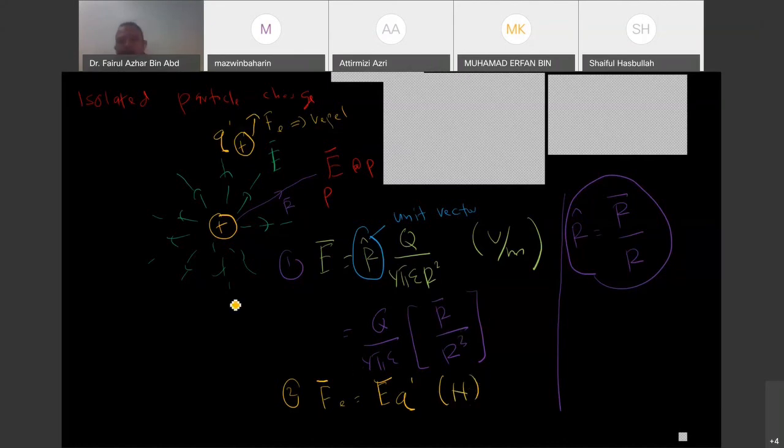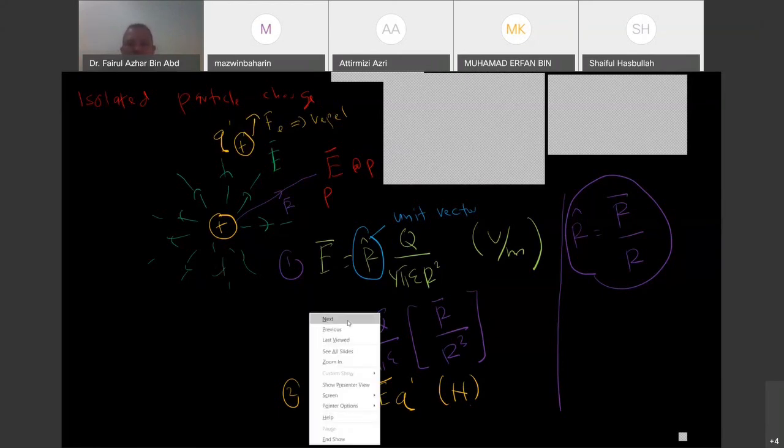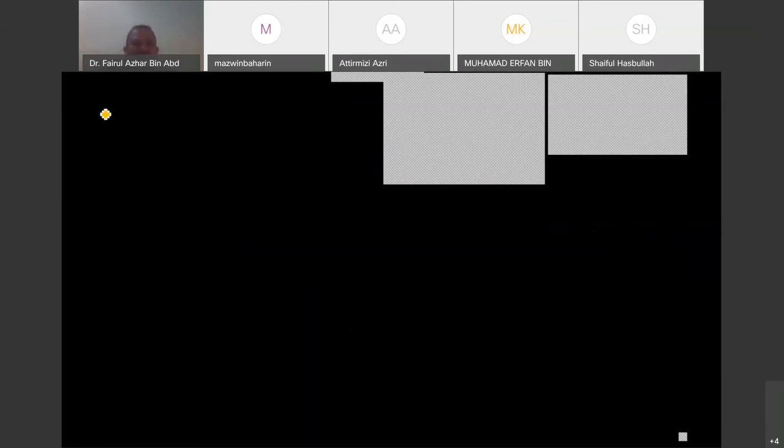Alright. So this is the expression of the electric field if we have a single particle charge or an isolated particle charge. So what will it be if we have the charge in a line density, for example? If the charge is represented by the line density, we can find the total charge is equal to the line integration of rho L dl.